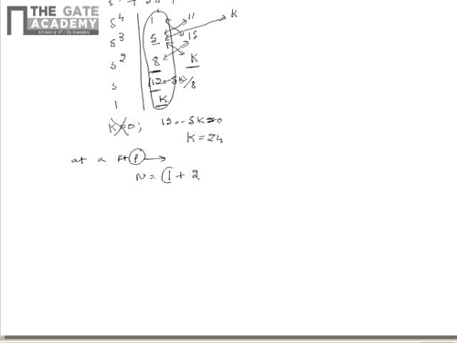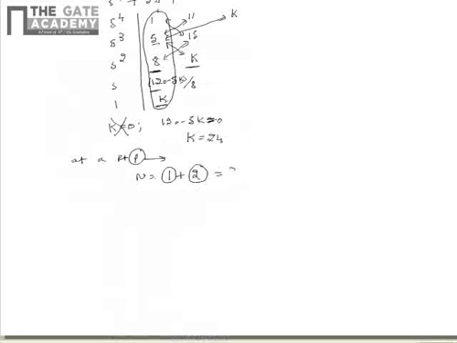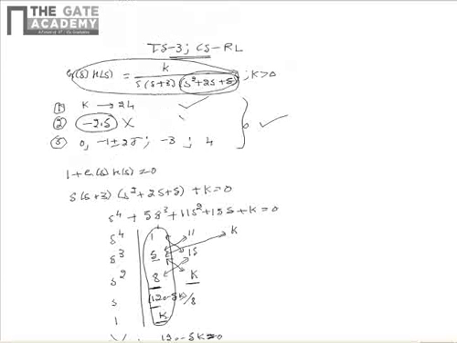That is, this 1 corresponds to the pole at 0, and this 2 corresponds to the poles minus 1 plus or minus 2j, which correspond to the term s square plus 2s plus 5. So this is equal to 3. As this number is odd, the number of poles to the right of the point minus 2.5 is odd. Hence the root locus lies at the point minus 2.5, and so the statement 2 is not correct because it says that root locus doesn't lie at the point minus 2.5.